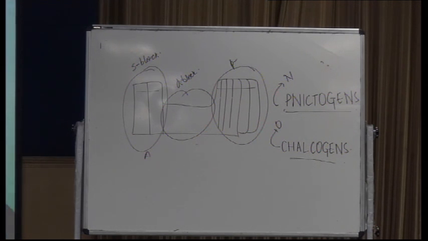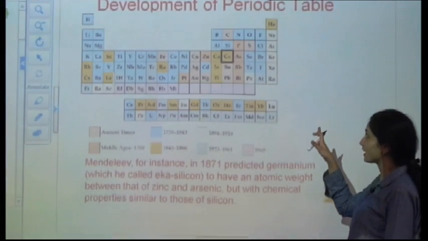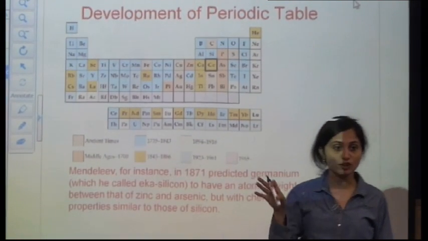One special feature of halogens is that they have the outermost configuration of np5. That means they need only one electron to complete their outermost valence shell. And the last group is fully filled, and those are known as the noble gases.